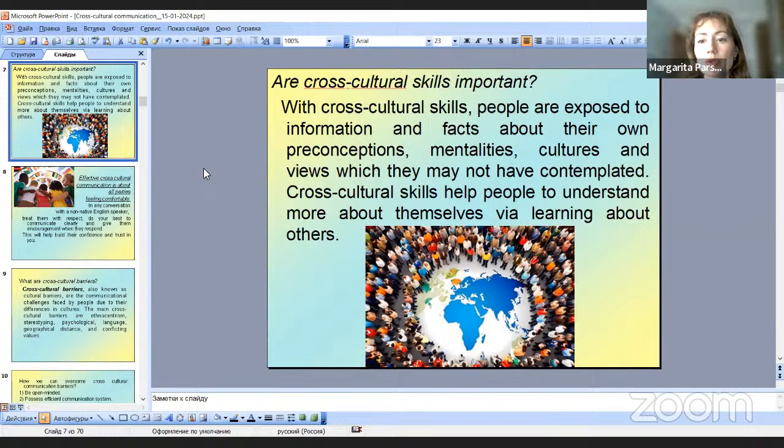Cross-cultural skills help people to understand more about themselves by learning about others, about the goals of communication, and about these difficulties and how to overcome them.